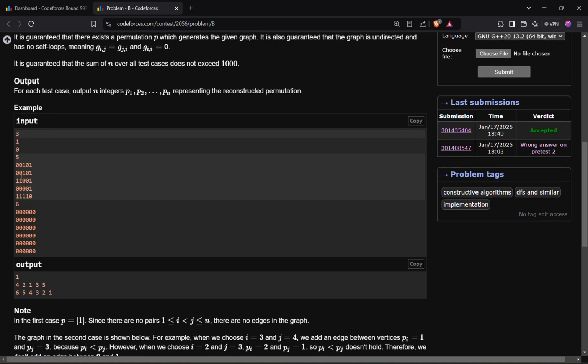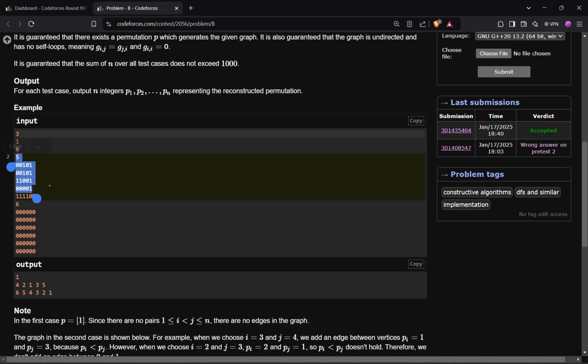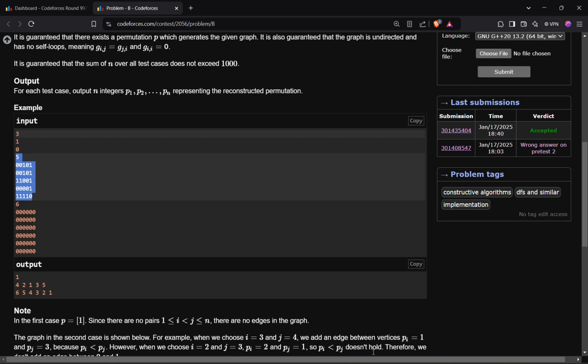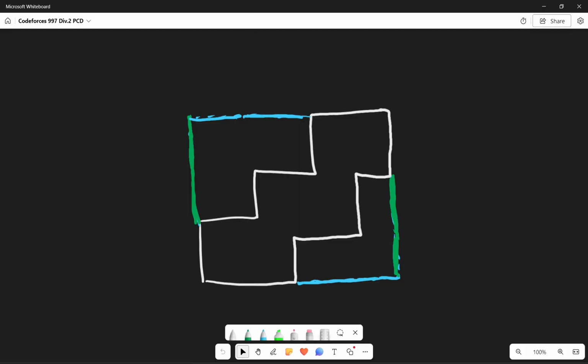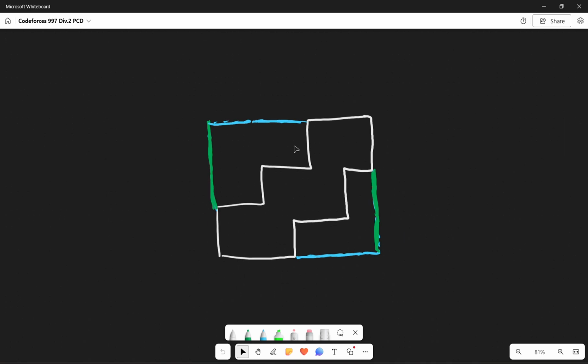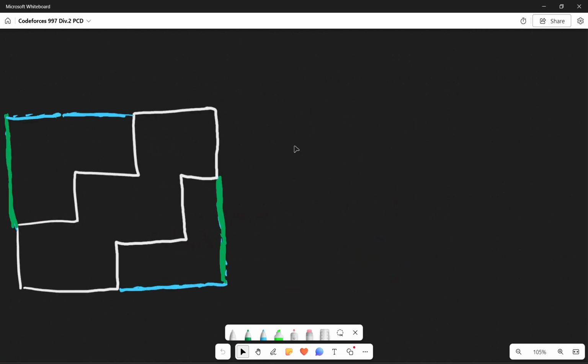So yes, let us take a look at this sample test case. This is basically a really nice sample test case that they have provided. Okay, we have not lost our whiteboard, it seems.